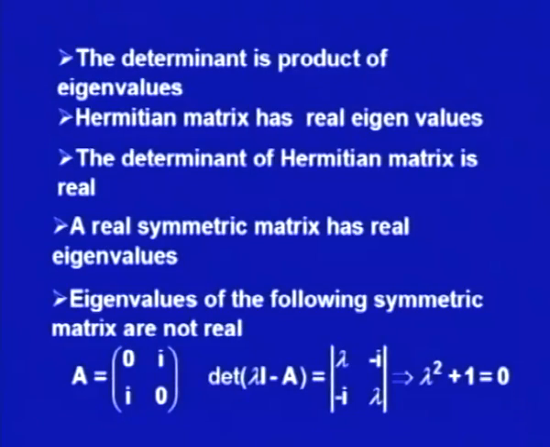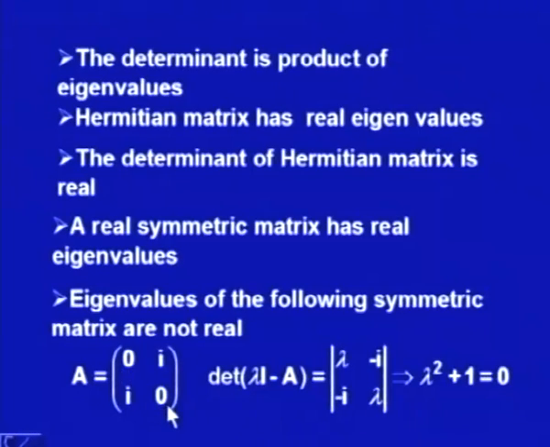Therefore, this characteristic equation lambda square plus 1 equal to 0 gives me eigenvalues as i and minus i, and that means this symmetric matrix gives me eigenvalues as complex numbers i and minus i.